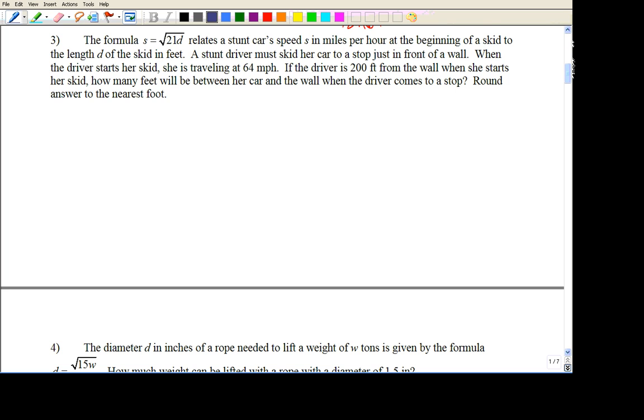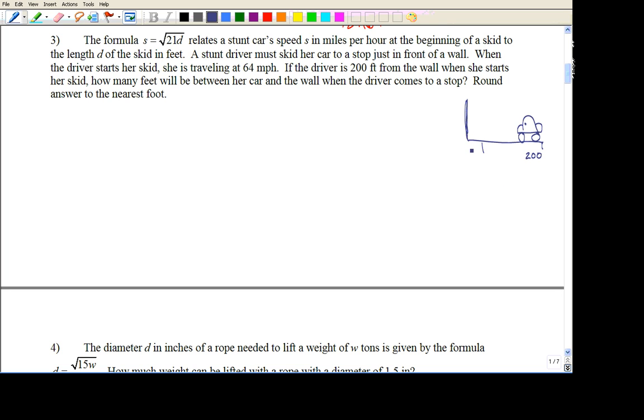Okay. So if we have, let's draw a picture. There's the wall, and the car is here. Isn't that cute? Okay. And it's driving along, and she starts out 200 feet from the wall, and she stops just before it.